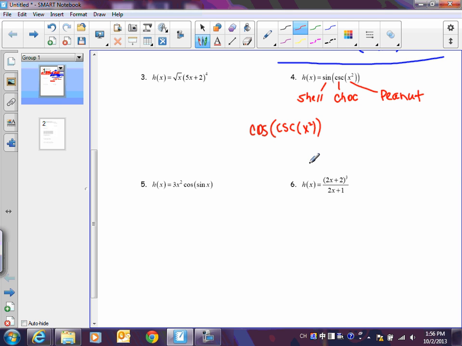So you're putting the peanut M&M in your mouth, and what happens? The shell melts. So when the shell melts, that means take the derivative. So what's the derivative of the shell? Cosine. Okay. Is anything happening to the chocolate and peanut yet? Nope. They stay the exact same. And that's what we're going to call round 1. The shell. Okay, a little bit of time goes by. The shell's done. We're done with the shell. Now we're just looking at the chocolate. Chocolate's melting. So what's the derivative of cosecant?